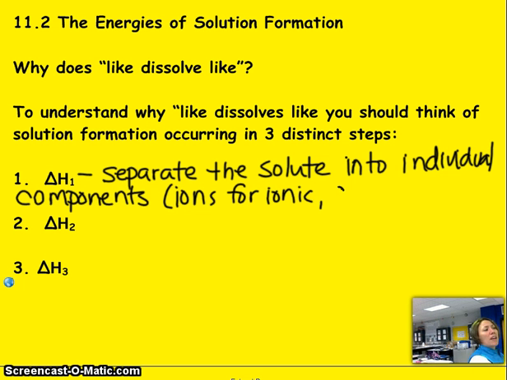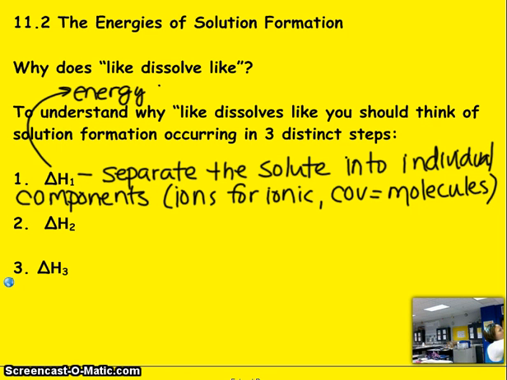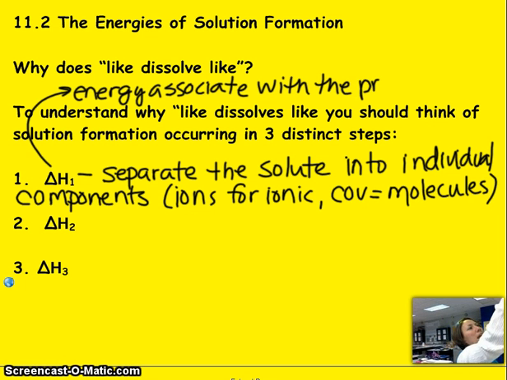And for covalent compounds, that's molecules. Okay? So you're separating them into individual components. Now this delta H1 is really the energy associated with that process. So this is the energy associated with spreading out the solute or separating the solute into its individual components.